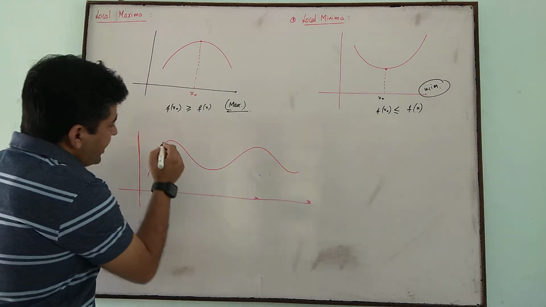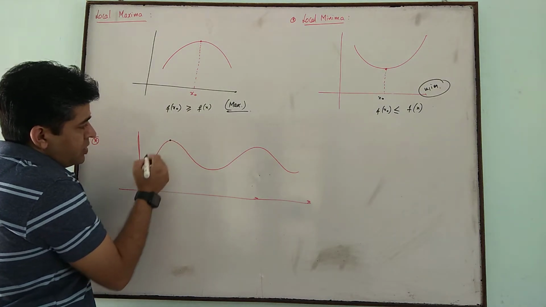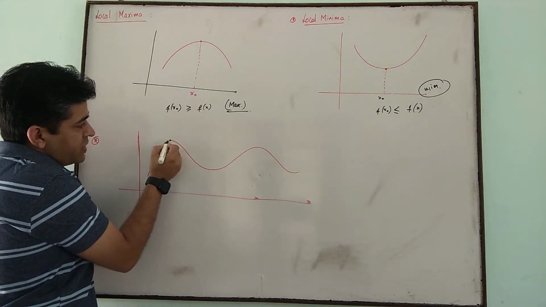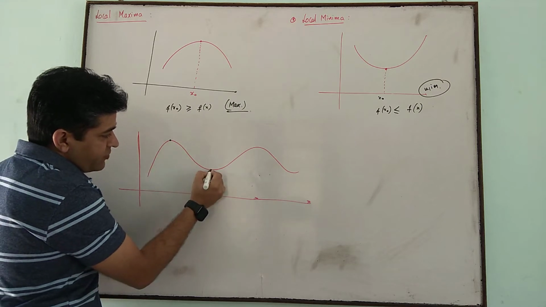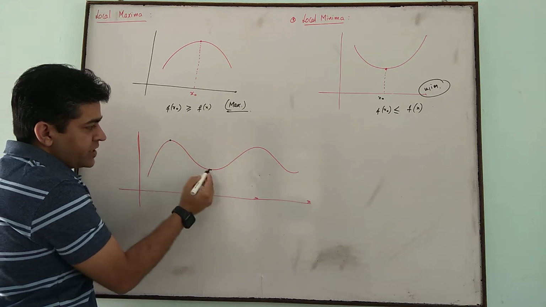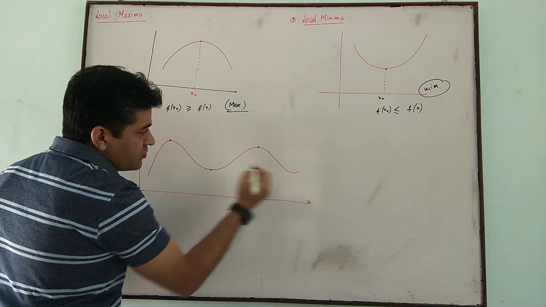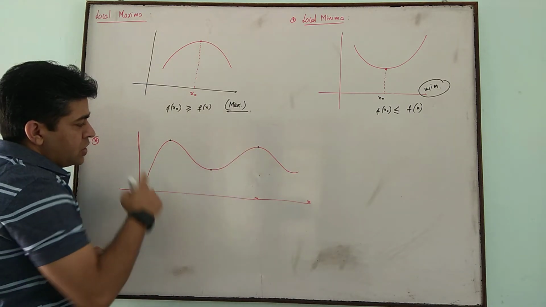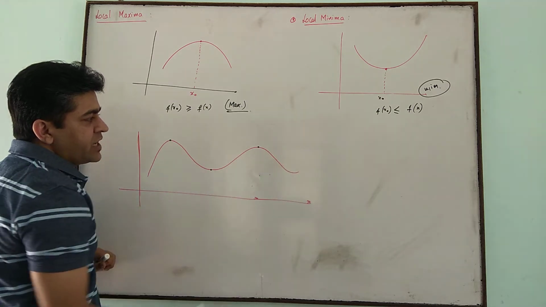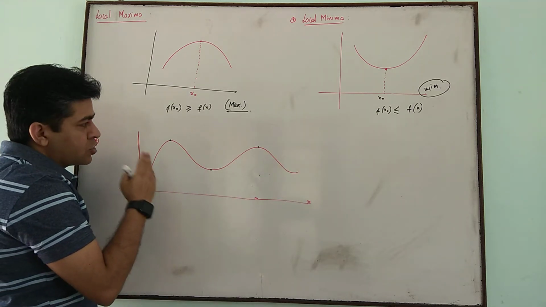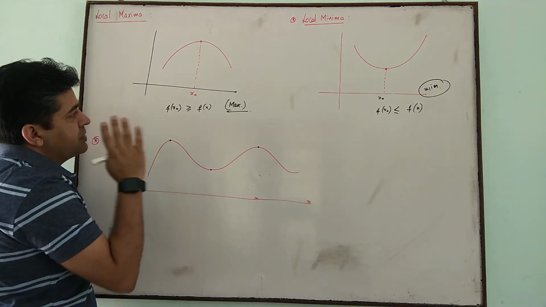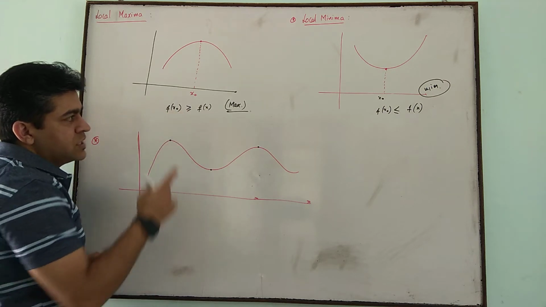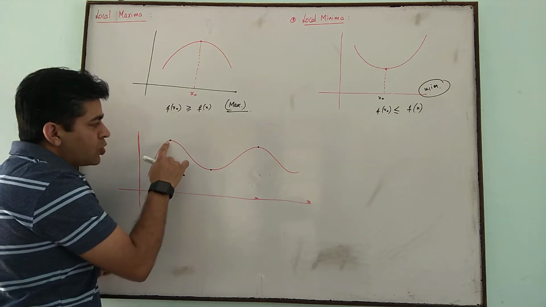See, at this point in the neighborhood the function is maximum, at this point the function is minimum, at this point also the function is changing. So for a function we can have 2, 3, 4, 5 as many maximum values, meaning it is locally maximum.